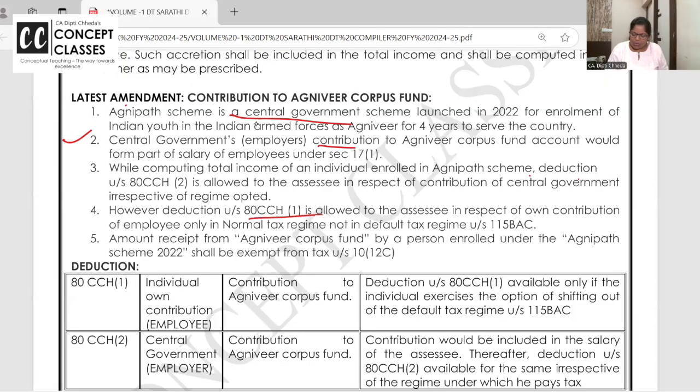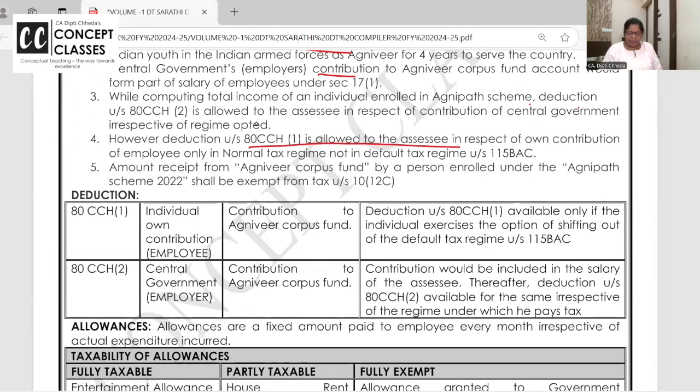Agniveer deduction is allowed, and on maturity the amount is received. 80CCH1: the individual's own contribution deduction is available only if he is shifting out of the default tax regime. The employee's own contribution. The employer, central government's contribution to the Agniveer Corpus Fund, deduction is available under 80CCH2 in both regimes. Whether you go for the default tax regime or not, it is allowed.